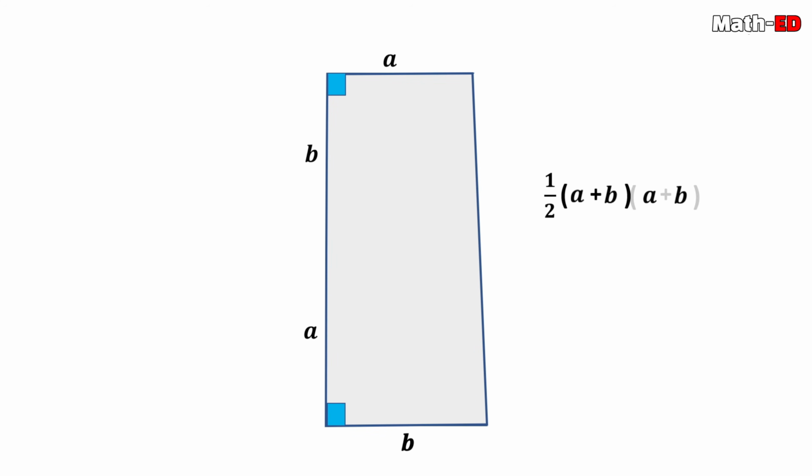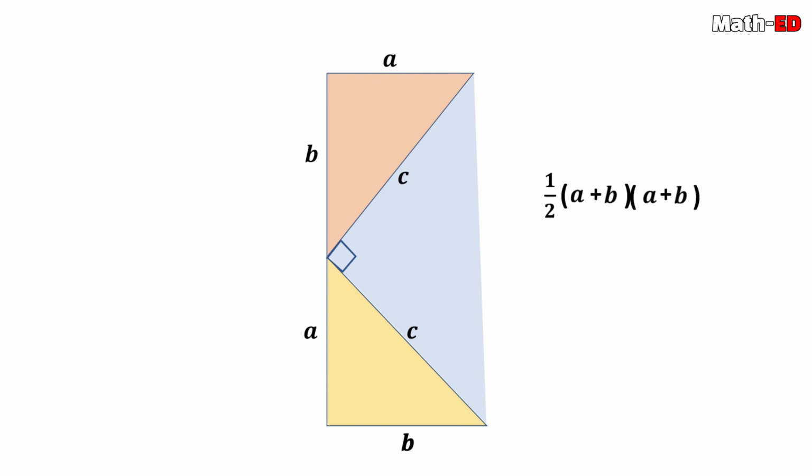So the area is equal to half into (a + b) times (a + b). And if we calculate it in another way, the area of this triangle is half a b, the area of this triangle is half a b, and the area of the blue triangle is half of c².